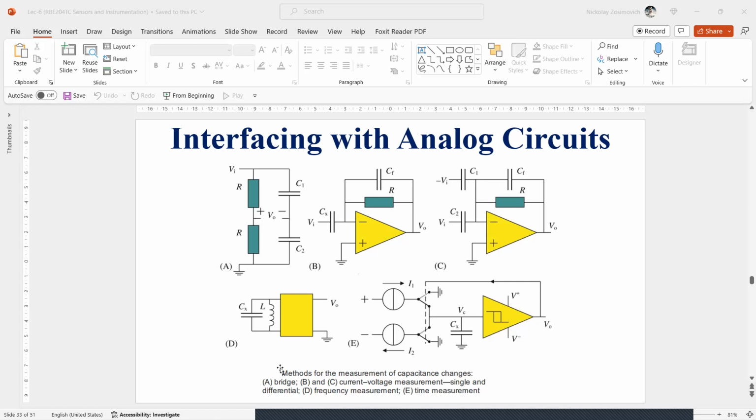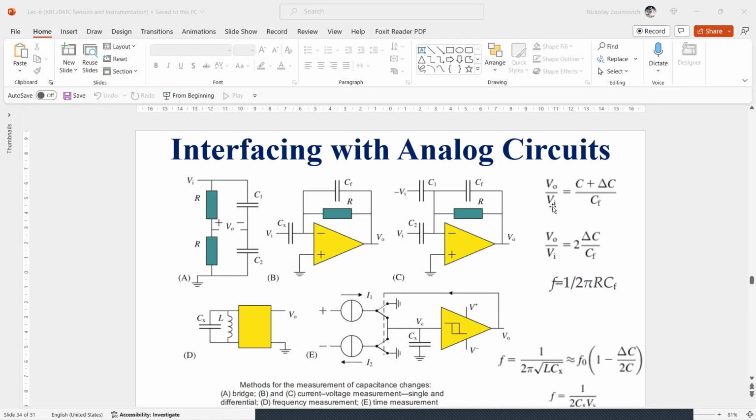A proper measurement of the bridge output voltage requires a differential amplifier with high input impedance and high common mode rejection ratio. Interface circuits based on current-voltage measurements are shown in figures B and C. The first, in figure B, is used for single mode operation, and C is used for the differential mode operation.